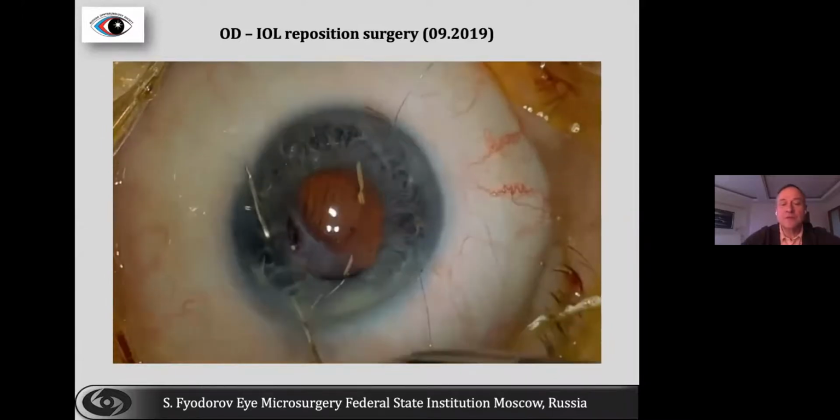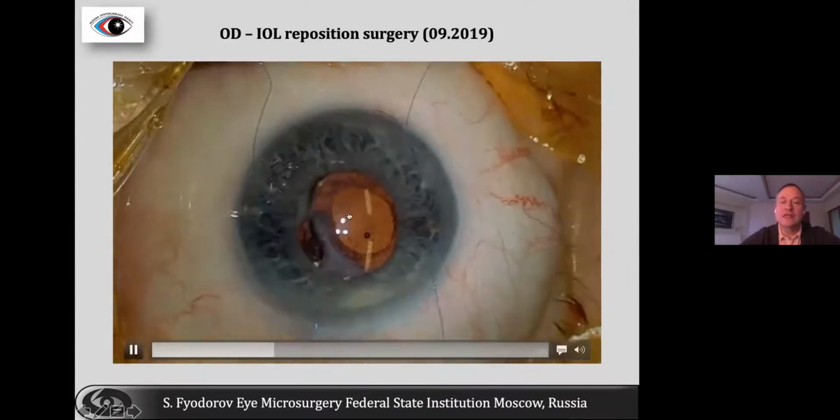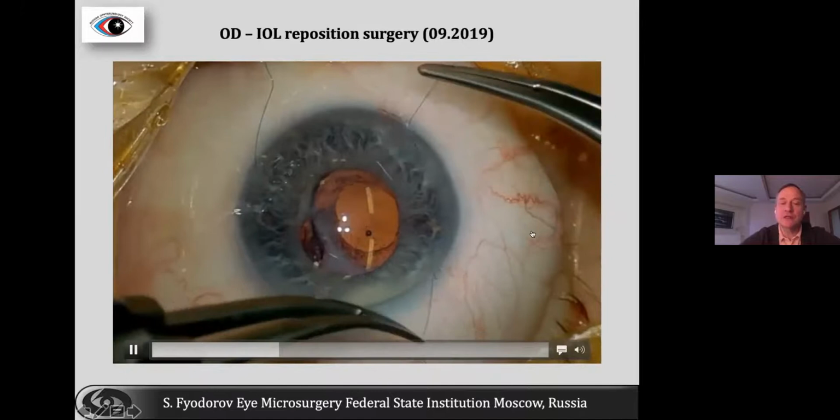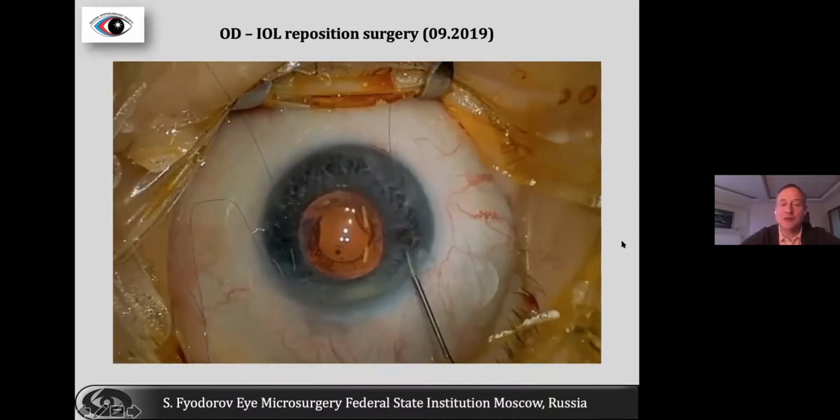So you need to place two sutures. I like to place these two sutures before tying the knots, because that helps me to center the capsular bag, as shown here.